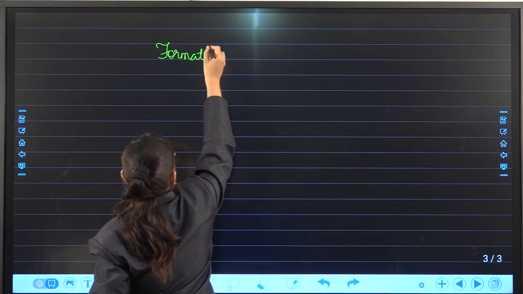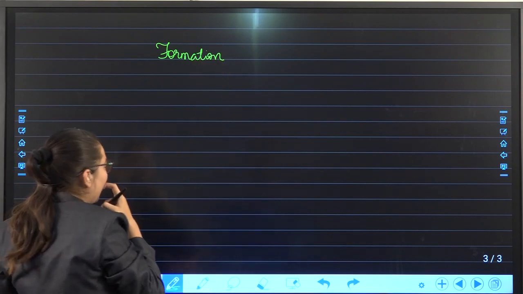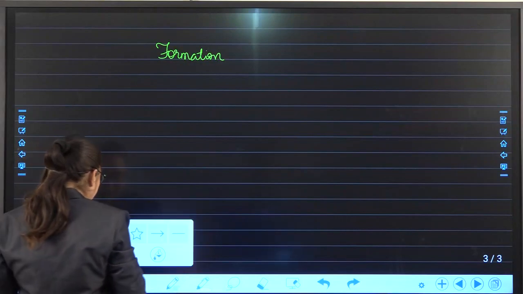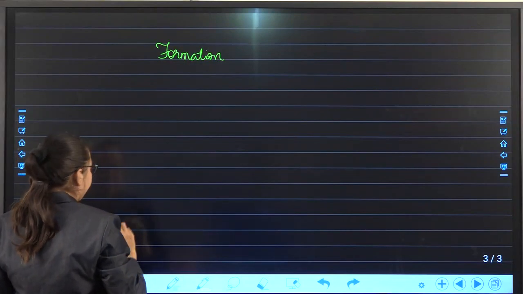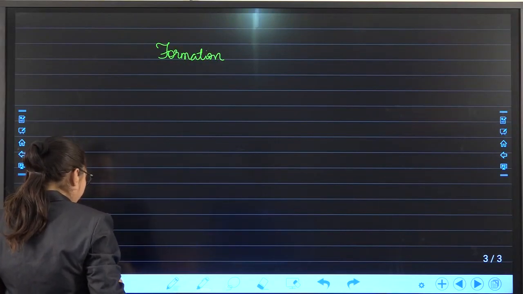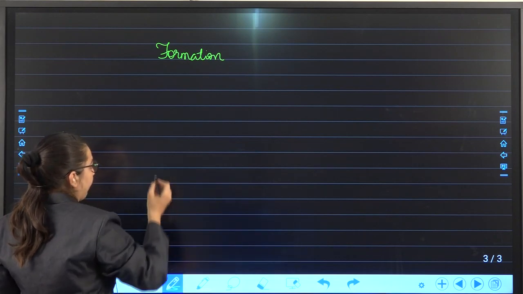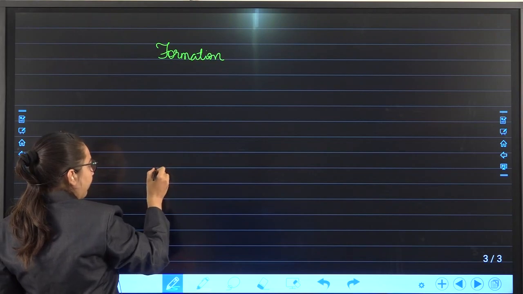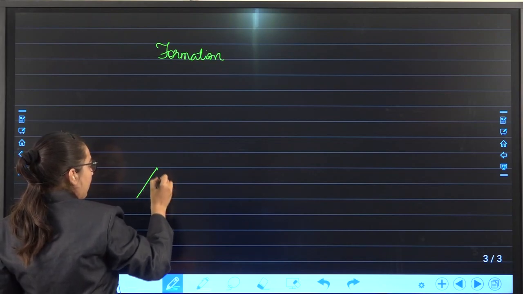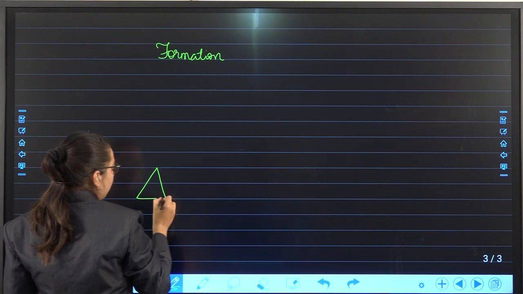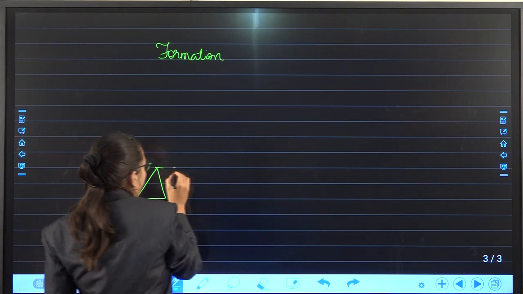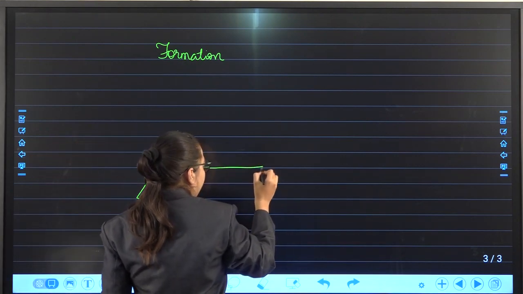Or you can say the making of a kaleidoscope. What do you have to do first? You have to take 3 triangular strips. But these triangular strips, how are they, you know? This is the first one.